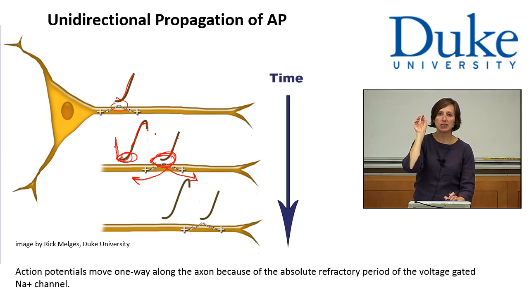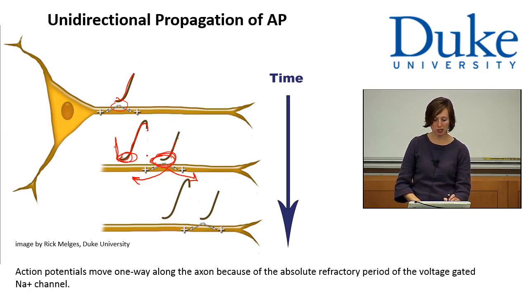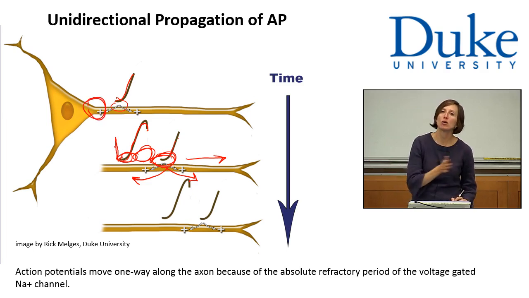And so since it's still highly depolarized, those sodium channels are still in the inactivated state. And so we can't have an action potential right here where we're still having one. We can only have one downstream in this direction. And so in that way, once we get started here, we can only move the action potential down the axon.